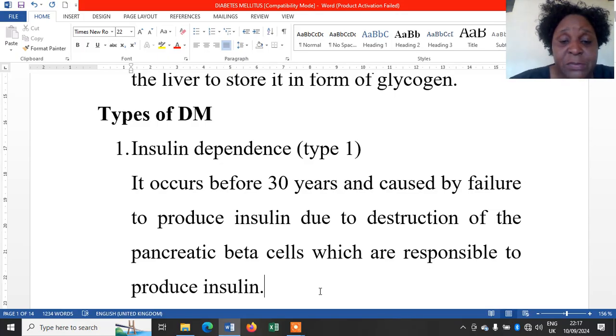So what does it mean? That this patient or mother is fully dependent on exogenous insulin, and that is what we call type 1 insulin dependency, which is as a result of failure to produce insulin by the pancreatic beta cells.